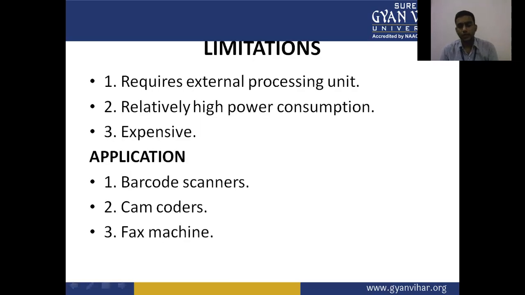Now, along with these advantages, we have some limitations or drawbacks of the CCD camera. It requires an external processing unit to process the image into the electrical signal.